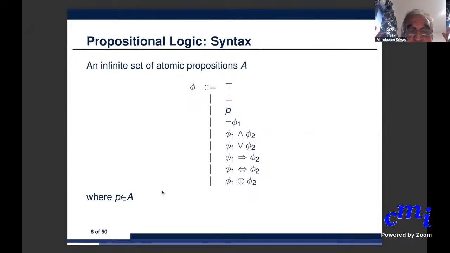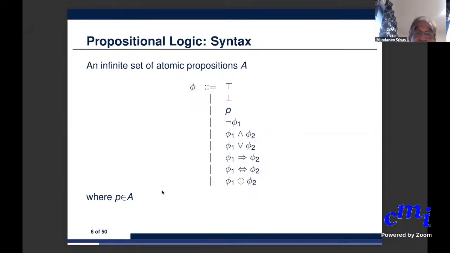Whenever you introduce a logic, it has two main components. The first is the syntax, which describes the syntactic rules that determine how various syntactic structures, ending with formulas, are constructed in the logic.